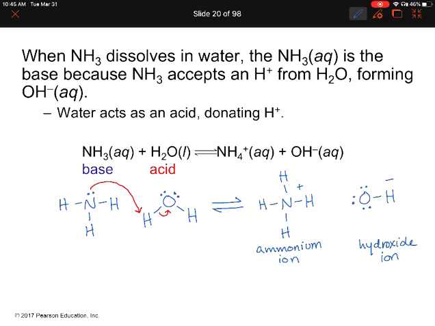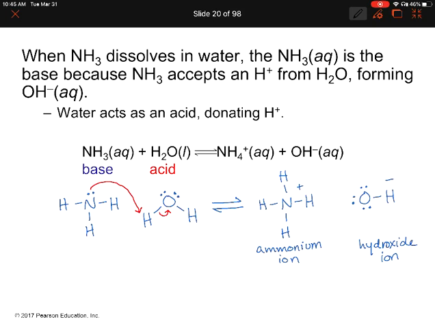Okay, so let's double check where those positive and negative charges are within each ion. So we're going to use our formal charge calculation again. Now, in both cases, each hydrogen has a formal charge of 0 again. So let's just double check that those charges actually exist on nitrogen and oxygen.